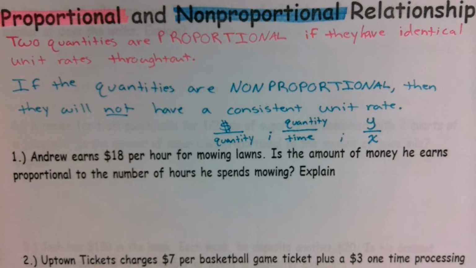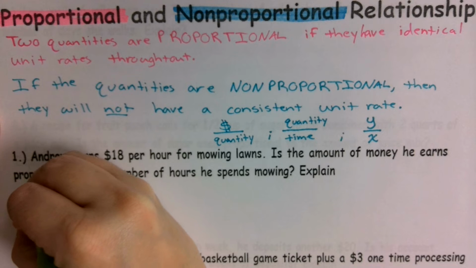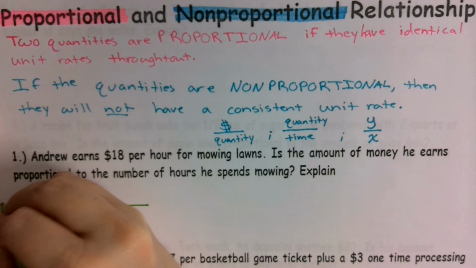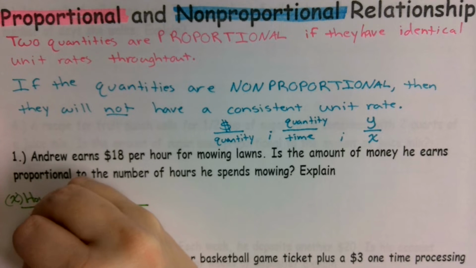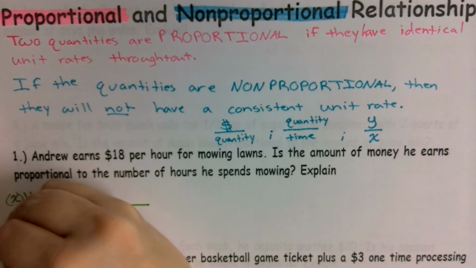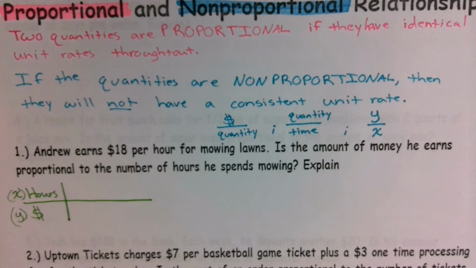So what I'm going to do is I'm going to set up a table. And I know that my hours are going to be my X value. And my money, the money that he's going to earn, would be considered a Y value. And then we're going to go ahead and do our comparison here.